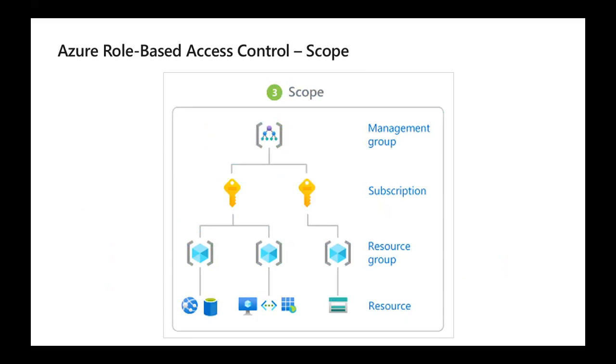In Azure role-based access control, it's time to talk about the scope. The scope is a set of resources that the access applies to. For example, when you assign a role, you can further limit the actions allowed by defining a scope. This is helpful if we want to make someone a website contributor, but only for just one resource group.